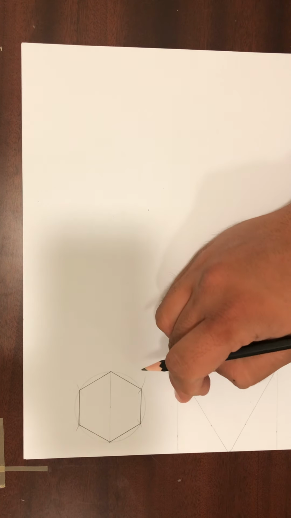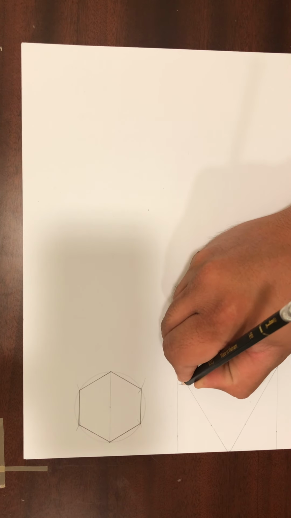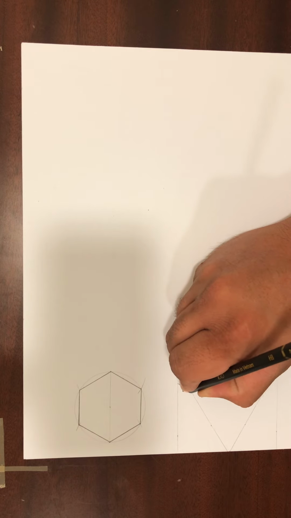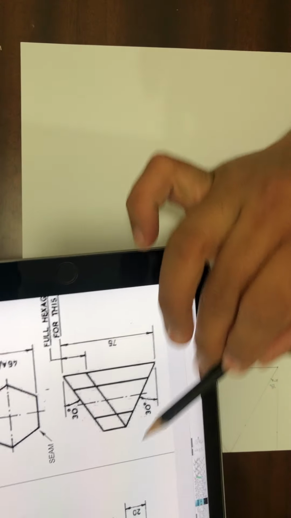This is 30 degrees, this is also 30 degrees. This is 30 degrees. This is also 30 degrees. Now this 30 degrees, this 30 degrees over.